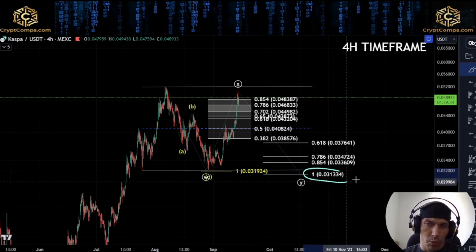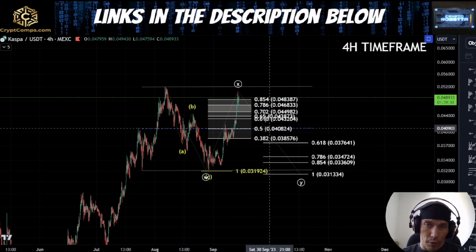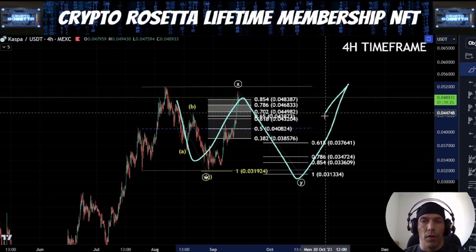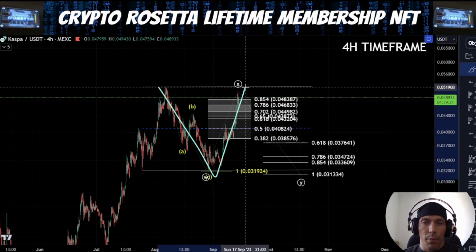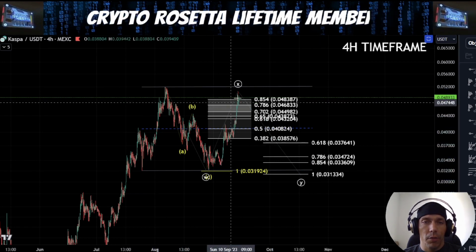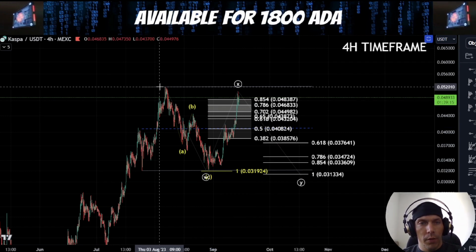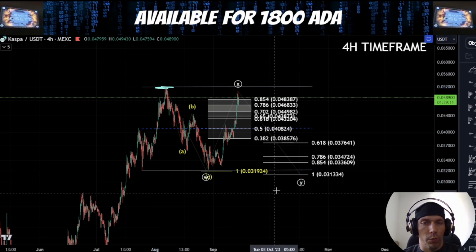The 1-to-1 target currently would be this 31334, which would be back into these lows effectively. And then what we would be looking for after that point would be the possibility of a fifth to the upside. If, however, we get this as a bigger A, B, C, this could actually mean that we get a flat correction, which, if we stay below this high, the target would still be towards that 1-to-1 level.